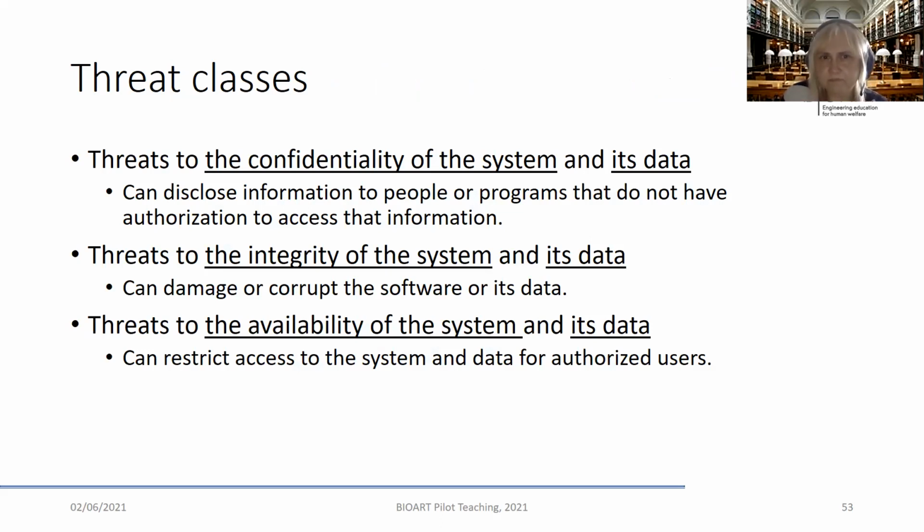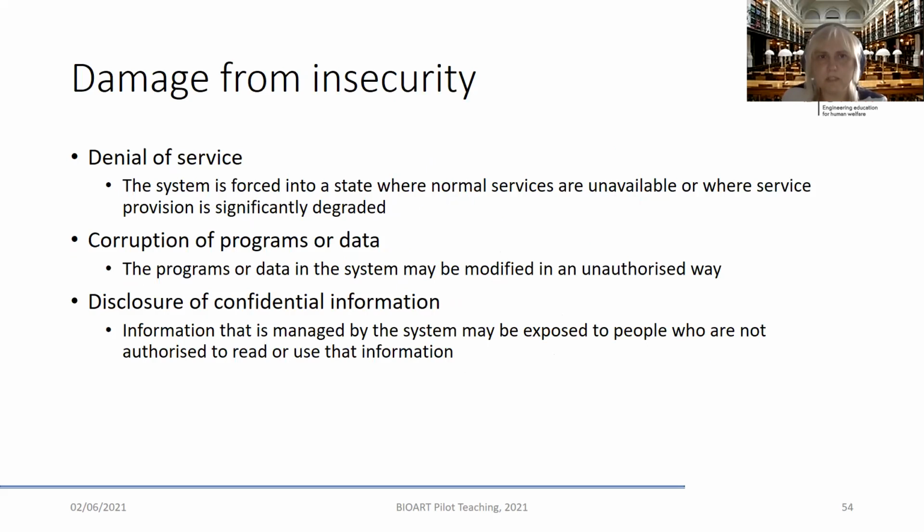Threats could be divided into three main classes: threats to the confidentiality of the system, threats to the integrity of the system, and threats to the availability of the system.